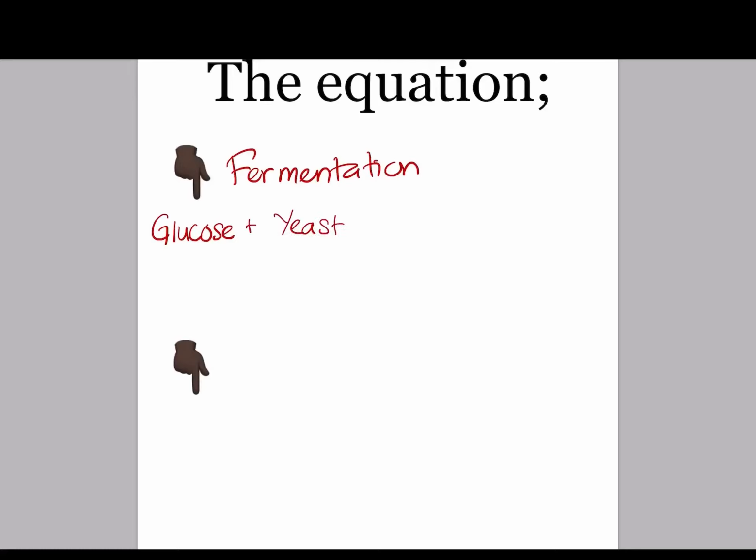This yeast acts as the microorganism. Inside the yeast we have a zymase enzyme, which acts as the catalyst, so it speeds up the process of production of the alcohol. So you can write down the answer over here as either ethanol or alcohol, plus carbon dioxide.